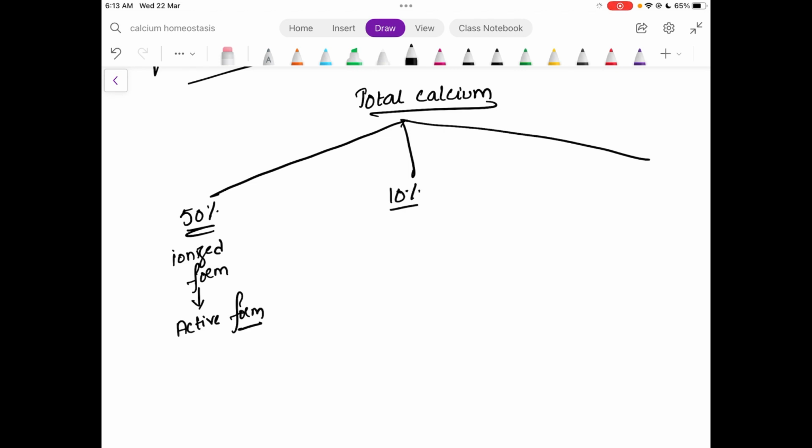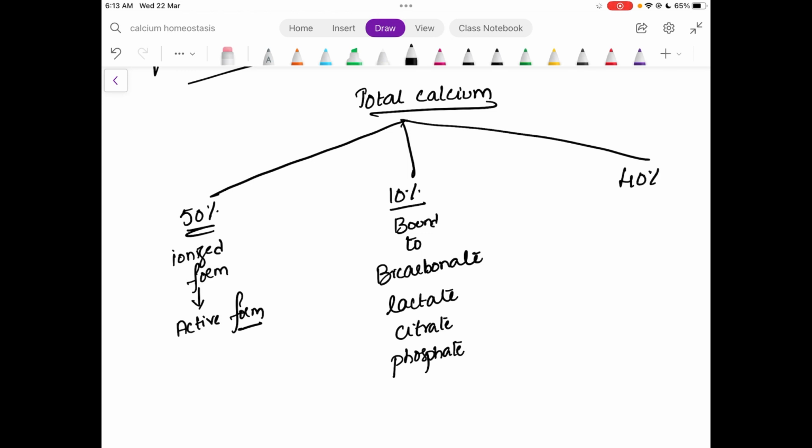Next, 10% of calcium is bound to bicarbonate, lactate, citrate, phosphate.